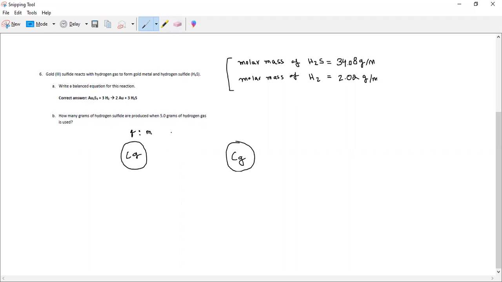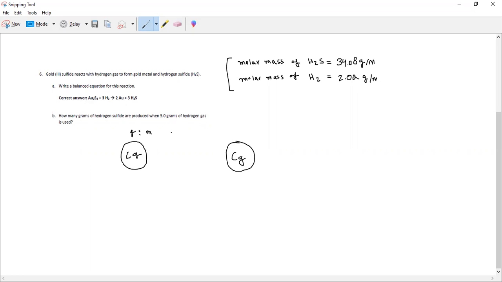In the context of compounds, that's one of the only conversion factors we have at our disposal, which is exclusively molar mass.